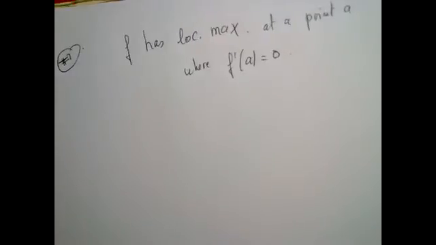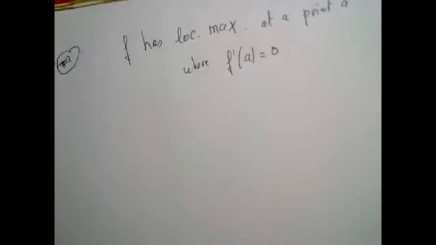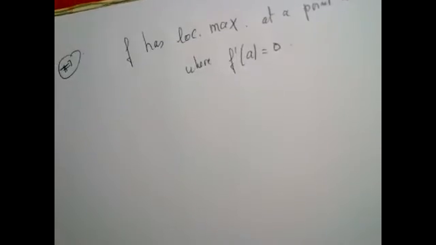Okay, ideas. They want it to be a local max, they don't want it to be an absolute max. So does anybody have an idea how we can do that?